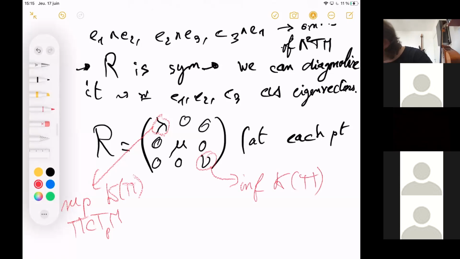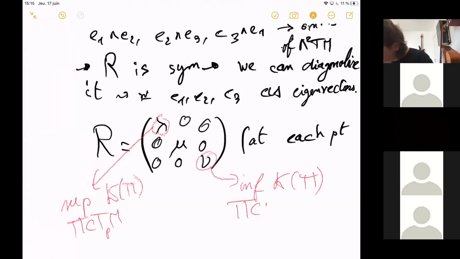The Grassmannian is compact, so you can take a minimum of that over all planes. So this curvature operator, if you choose a good basis, can be seen as a diagonal matrix where the diagonal entries are sectional curvatures of some preferred planes.